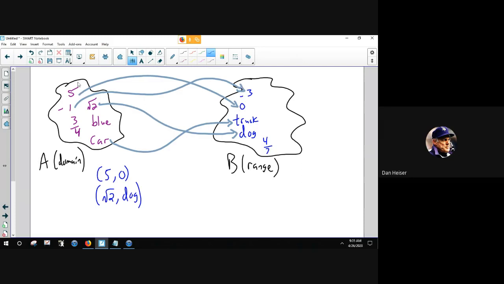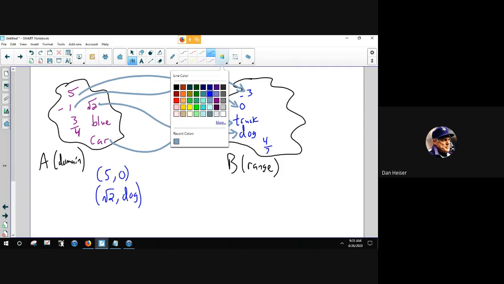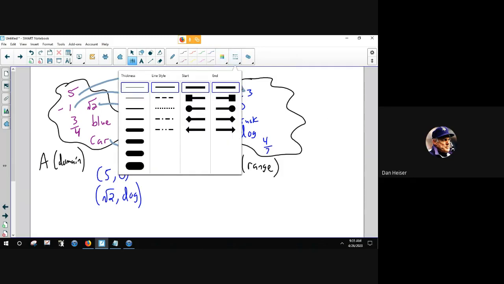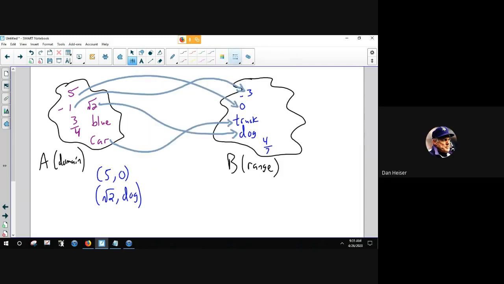Every element so far of A gets exactly one element of B. Let's keep going. I will pair 3/4 with 4/7.